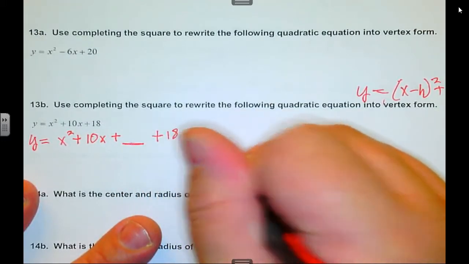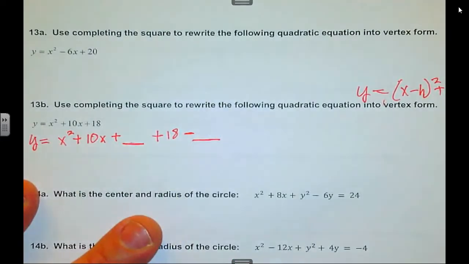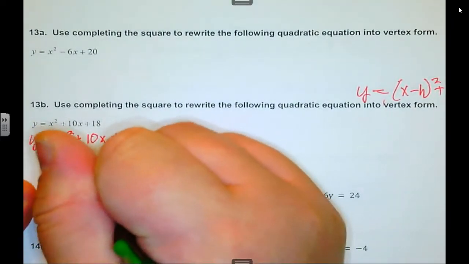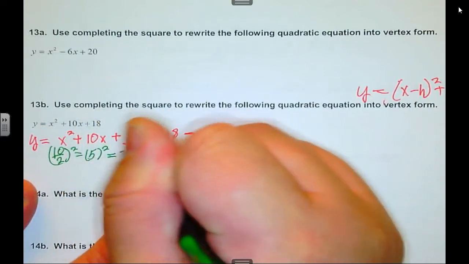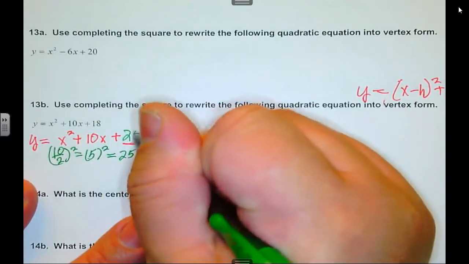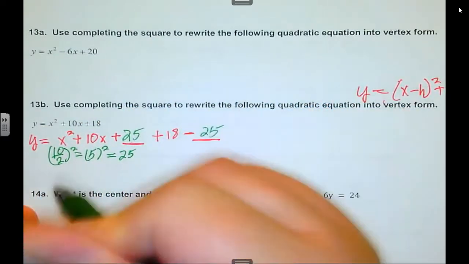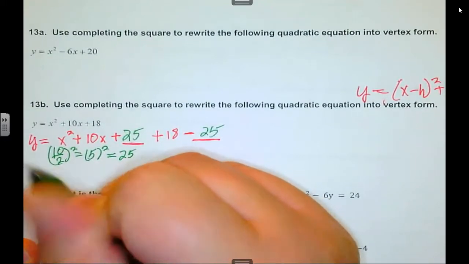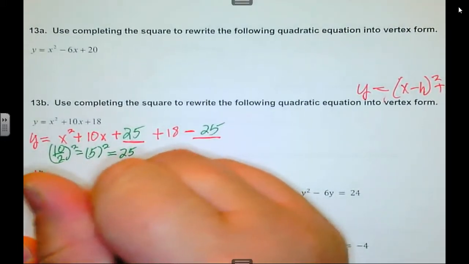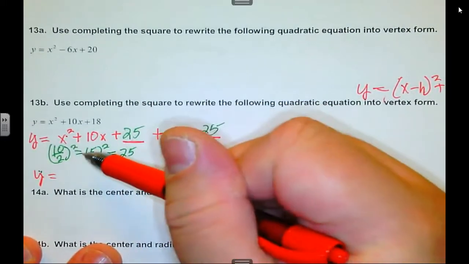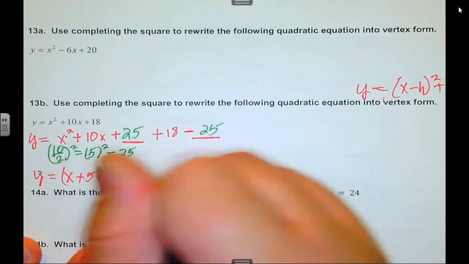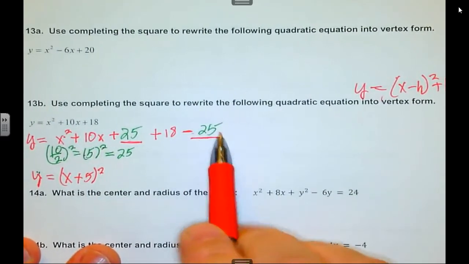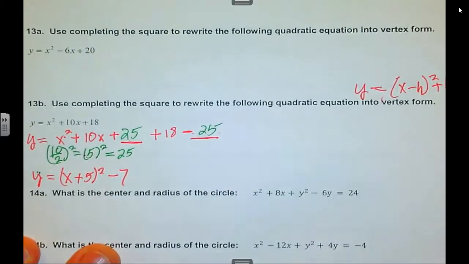Then I'm going to have to subtract that perfect square. Half of 10 squared is 5 squared, it's 25. So 25, 25. My form, y equals x plus 5 squared. Okay, 18 minus 25 is minus 7. There it is.